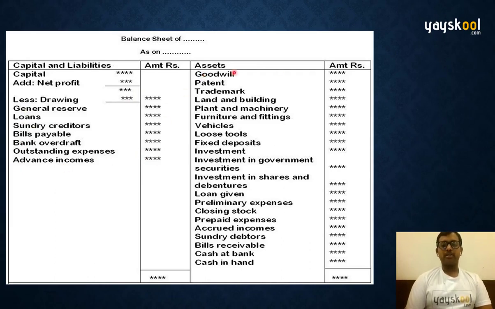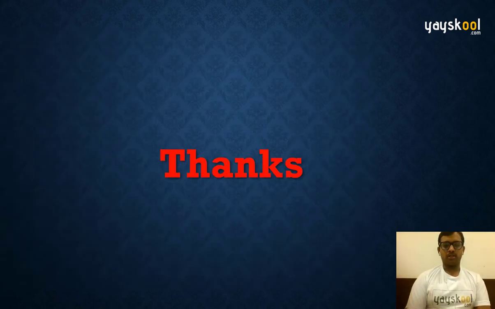But assets include goodwill, patent, trademark, land and building, plant and machinery, furniture and fittings, vehicles, loose tools, fixed deposits, investments, investment in government securities, investment in shares and debentures, loans given, preliminary expenses, closing stock, prepaid expenses, accrued income, sundry debtors, bills receivable, cash at bank, cash in hand.